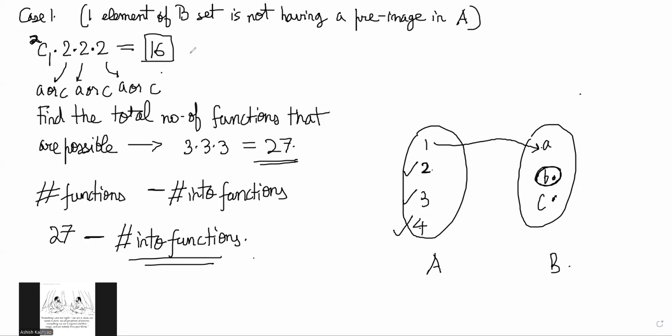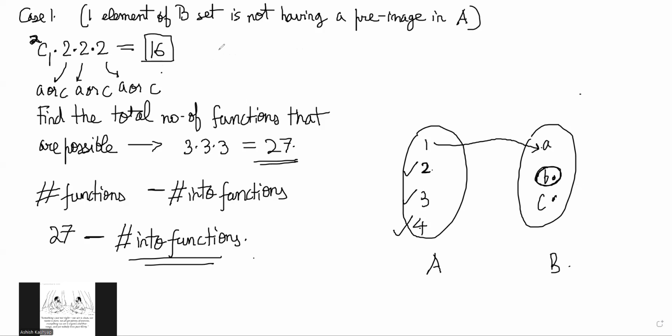However, this is an overcount, and we have to think about the case that all the elements were linked to A only, right?